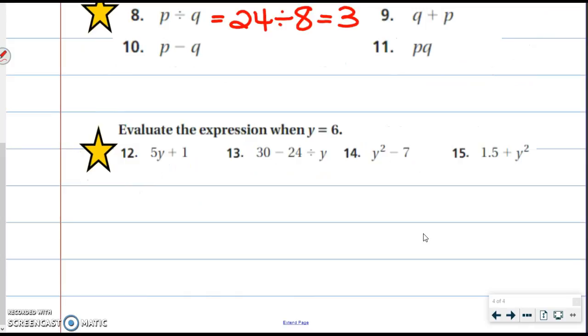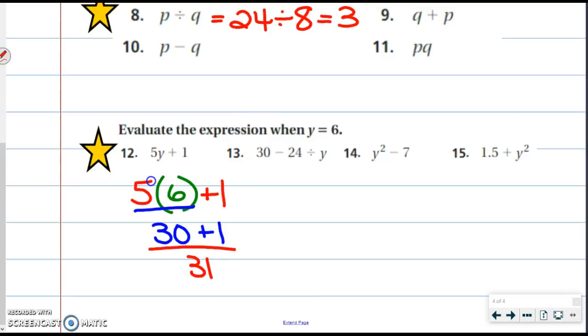And finally, we have a couple of examples where we have two operations. So I know that y equals 6 in these examples, so I am going to replace my y with the number 6. And knowing my order of operations, I need to multiply first. 5 times 6 is 30, plus 1. And then I can finish out that problem to get 31.